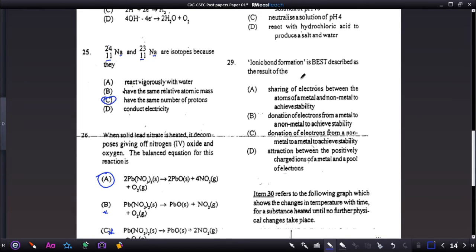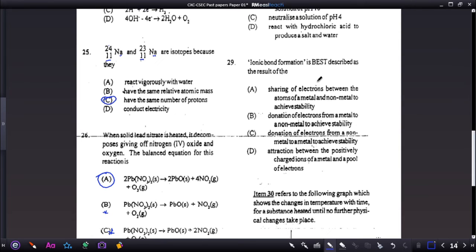They did say the best answer, because for you to have an ionic bond, you first need to have the ions. And how do you get the ions? One atom must give up the electron to form the positive ion, and another atom must accept the electrons to form the negative ion.